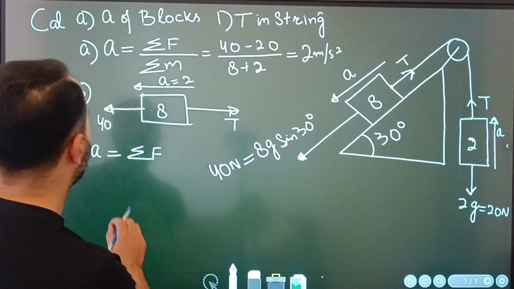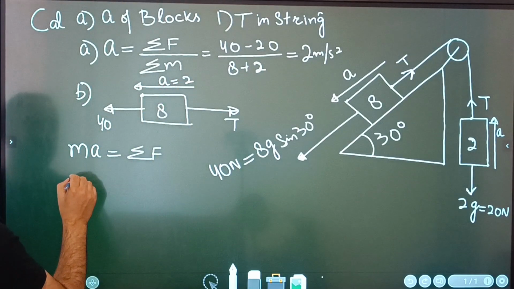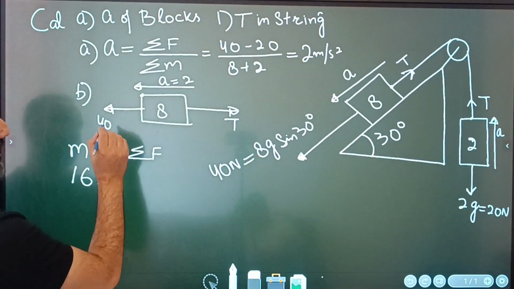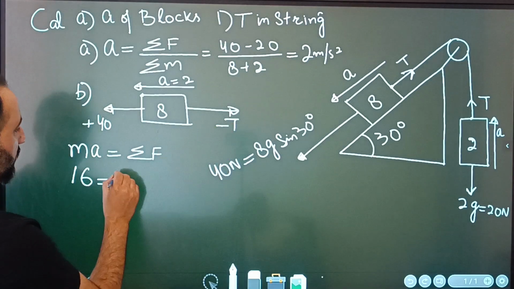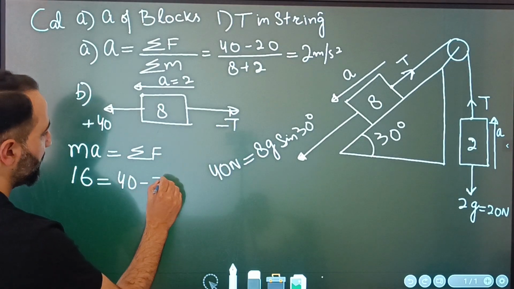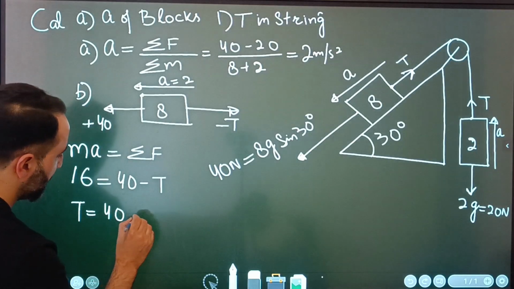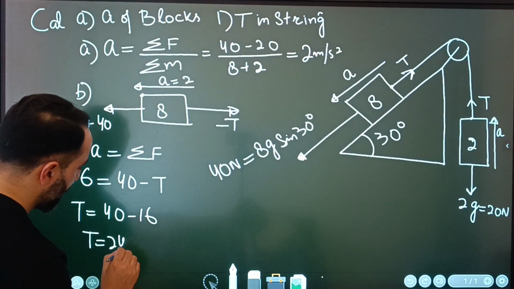Okay, so look, dear, what's the mass of this block? 8. What is the acceleration? So that will be 8 into 2, which is equal to 16. And then how many forces are there? Two forces. Take this as positive and take this force as negative. So it will be equal to 40 minus T. Okay, bring this T here. It will be equal to 40 minus 16. What does this 40 minus 16 equal? It equals 24 Newton.